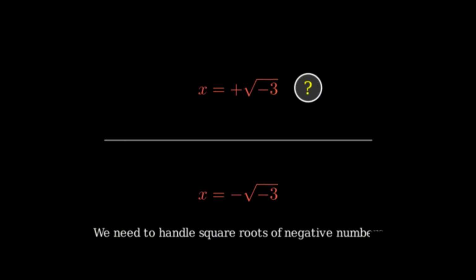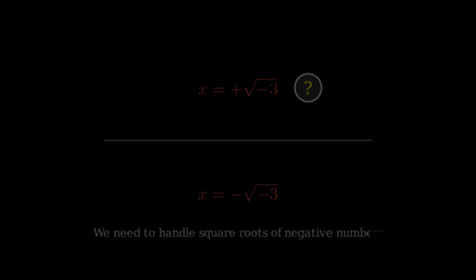They introduce a new unit called i, which is defined as the square root of negative 1. With this new mathematical tool, we can express the square root of any negative number. By using complex numbers, we'll be able to express the square root of negative 3 in terms of the imaginary unit i, giving us proper solutions to our original equation.